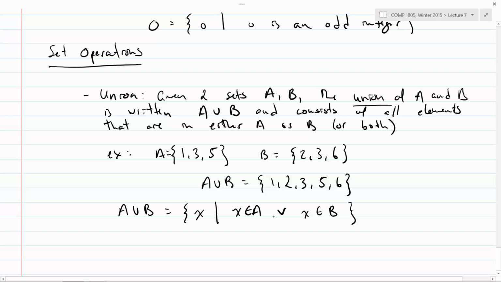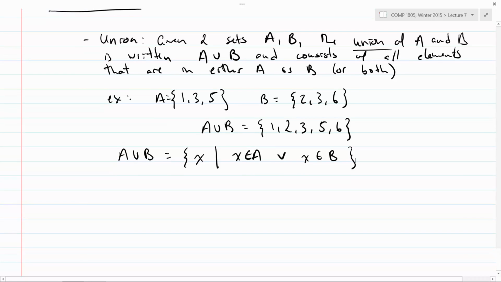Unions are like ors because something's in the union if it's in this set A or that set B. Okay, this is how you would reason about that using set builder notation. There is indeed an and equivalent, which we'll talk about in a second.